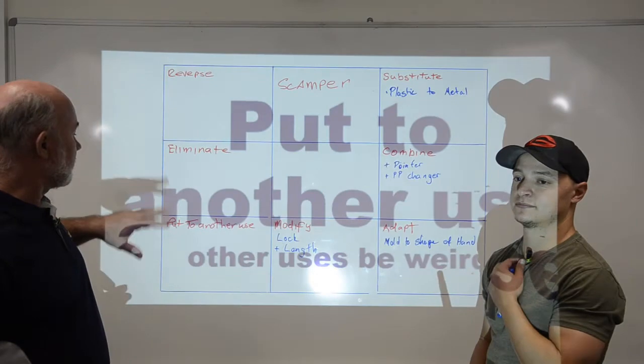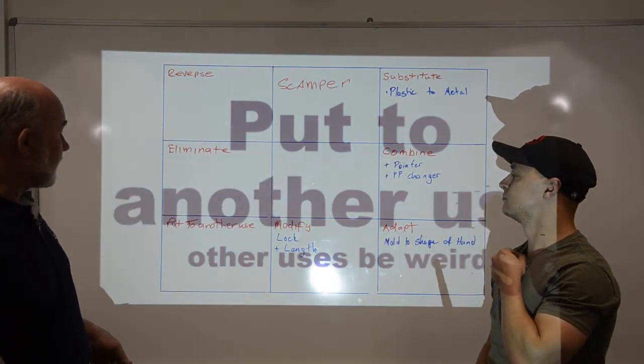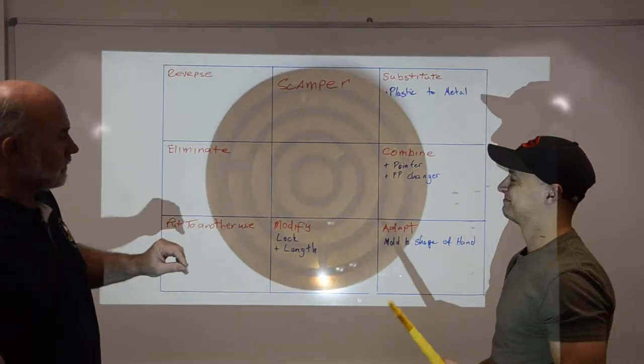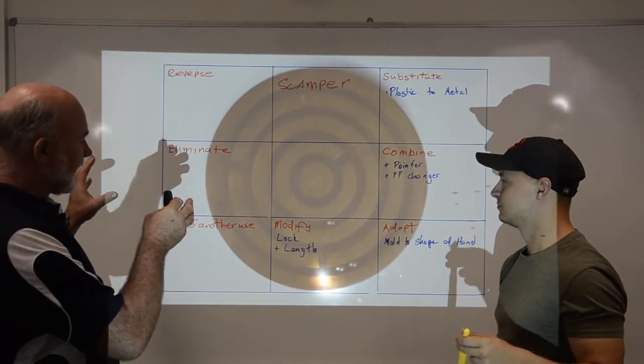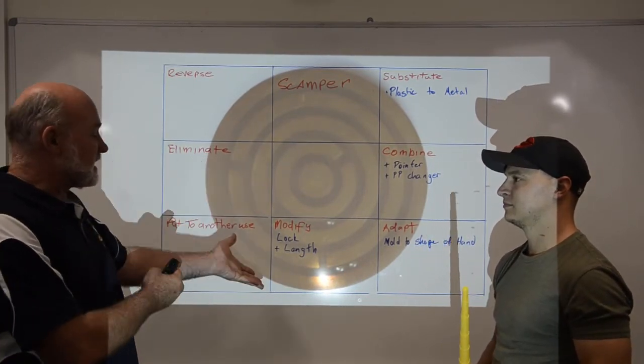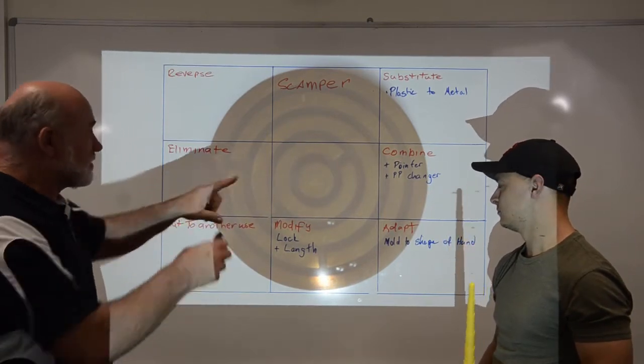Now back to mine. Next, put it to another use. I looked at the design. The design brief says we're going to make a ball bearing maze. But this is a SCAMPER.